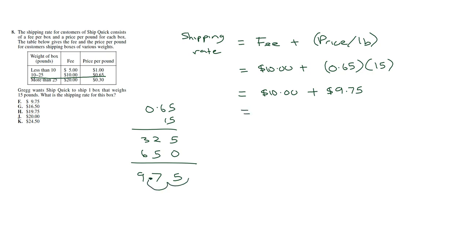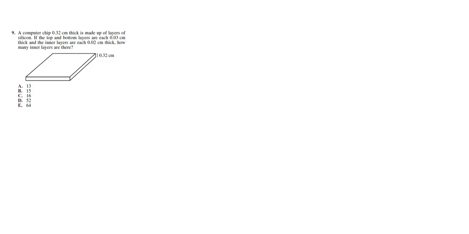So now we have 10.00 plus 9.75. We add this together, 5, 7, so we have $19.75.